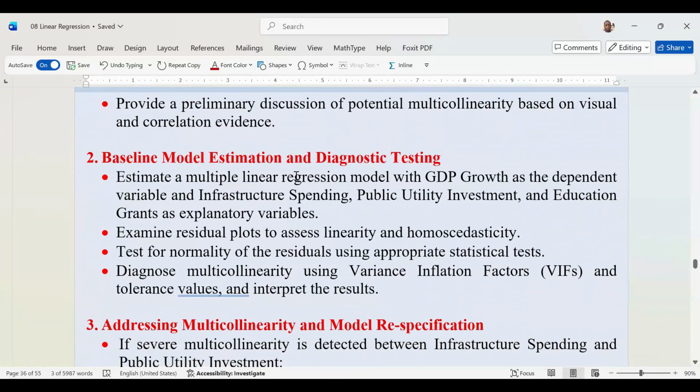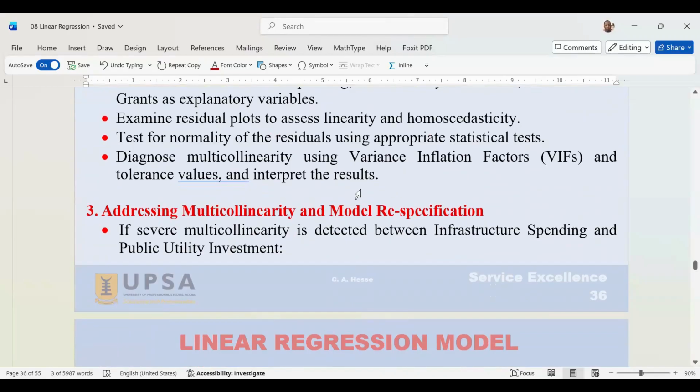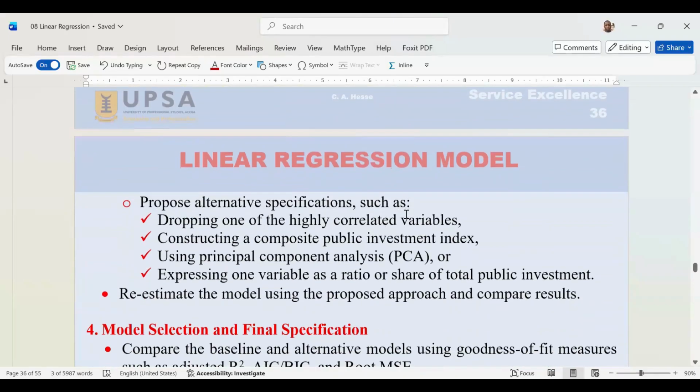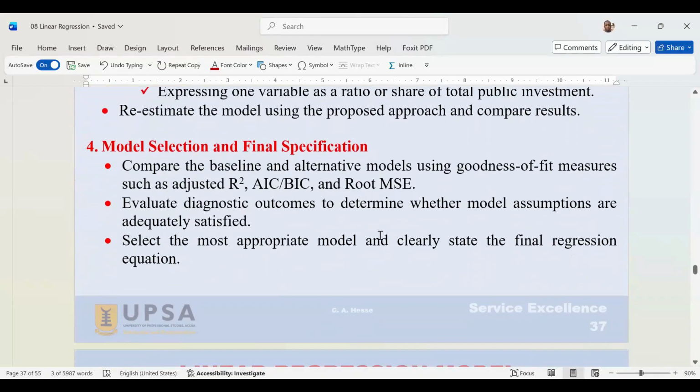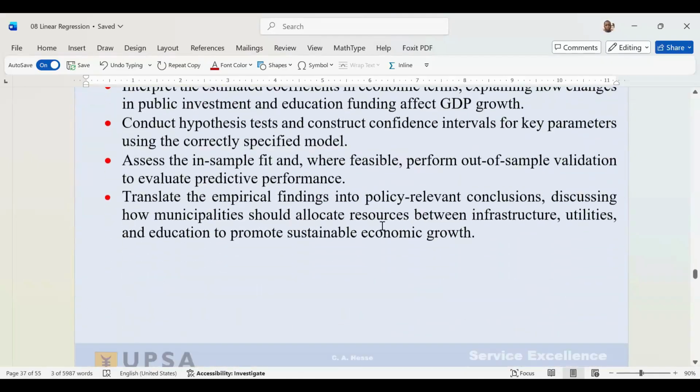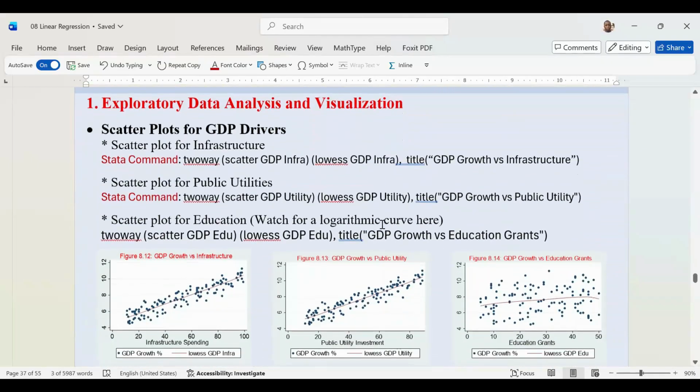So we do the baseline model estimation, diagnostic testing, then addressing multicollinearity and model specification. I think we've done all this already, and model selection and final specification. So I've done it already, so you just go through like I've taught you. All the commands are here.